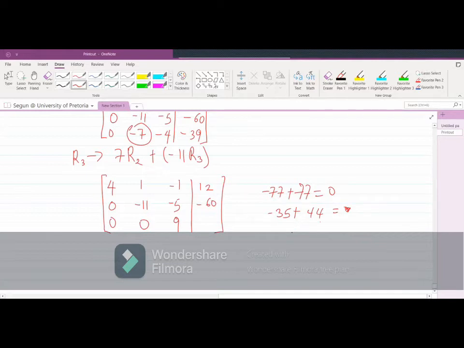So then 7 multiplied by 60 is minus 420, minus 420 plus 11 multiplied by 39, that is 429. The answer will be 9.